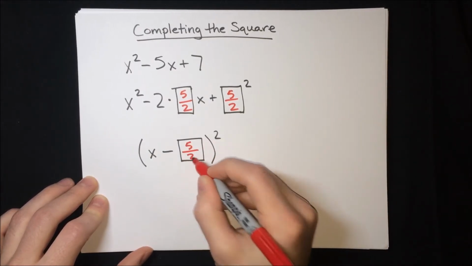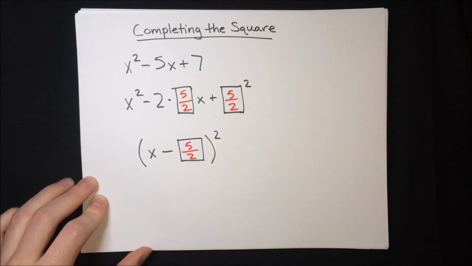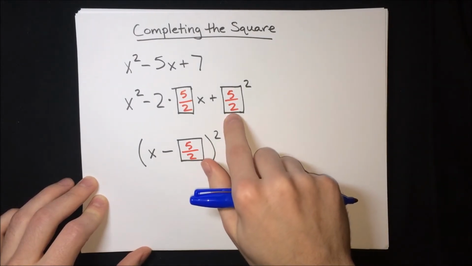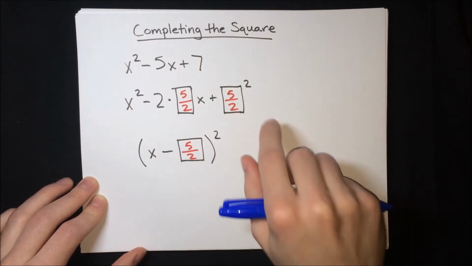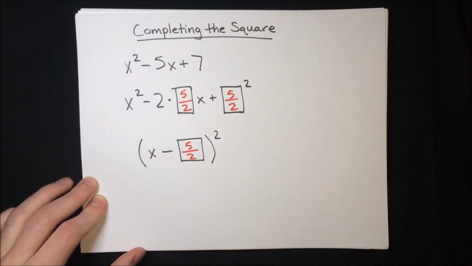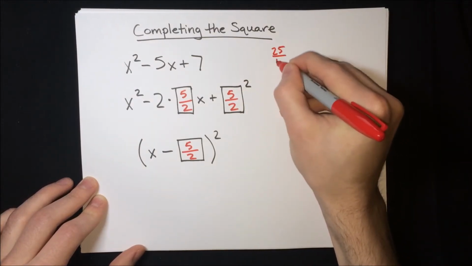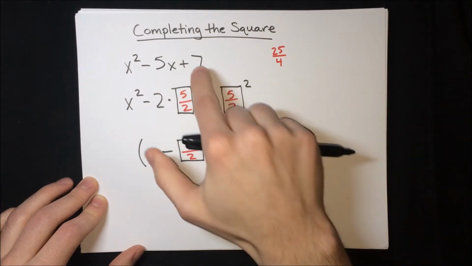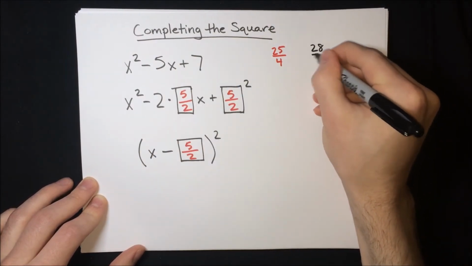Our perfect square becomes x minus 5 over 2 squared, and the last thing is that, again, 5 over 2 squared is not equivalent to our constant. We have to add or subtract some amount. Right now, 5 over 2 squared is equal to 25 over 4, and then our constant 7 is equal to 28 over 4.